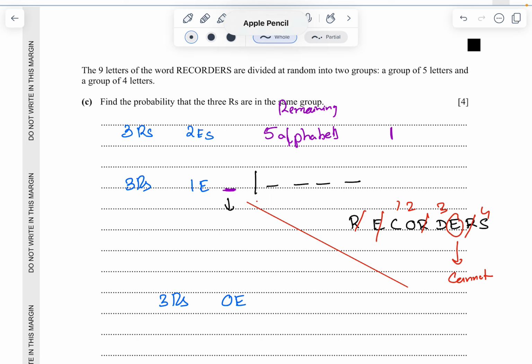So the answer is going to be 4C1 ways for that one, times 2C1. Why am I multiplying? 2C1 times 2C1 ways for the E's, because there should be 5 in one group and 4 in the other group. So it can be done in 4C1 times 2C1 ways.